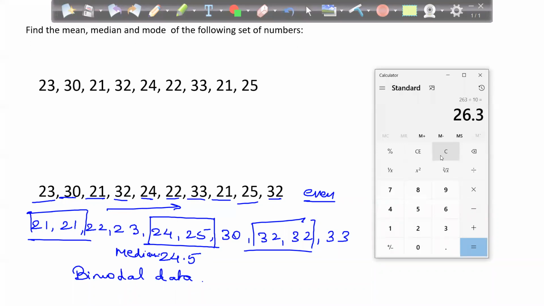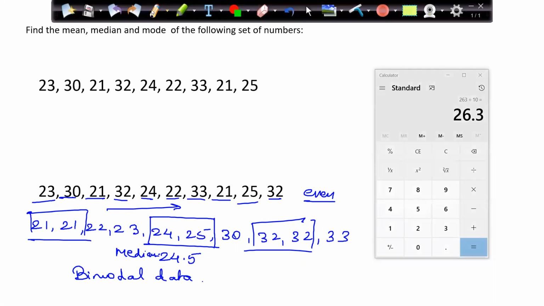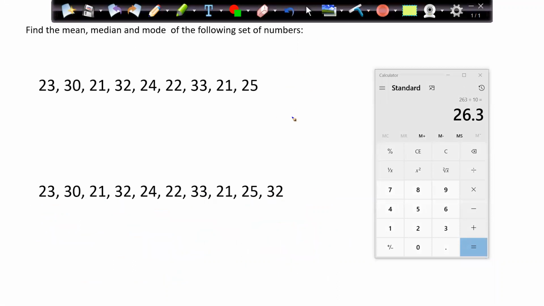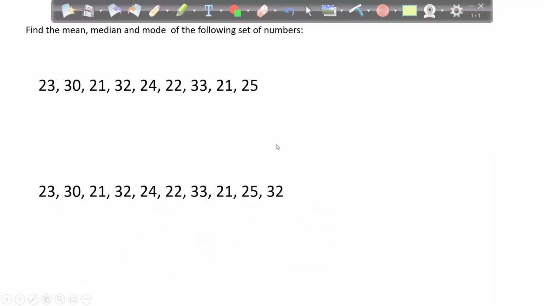So 26.3 is coming in as my mean. For this data set, my mean comes out to be 26.3. So that is how we are able to calculate the mean, median and mode, which is known as measures of central tendency.